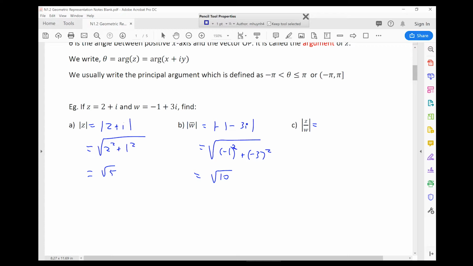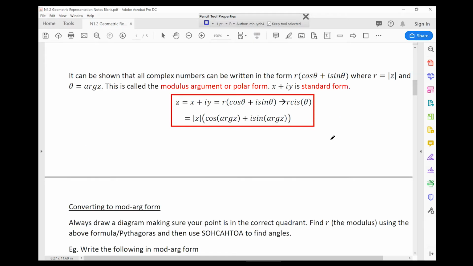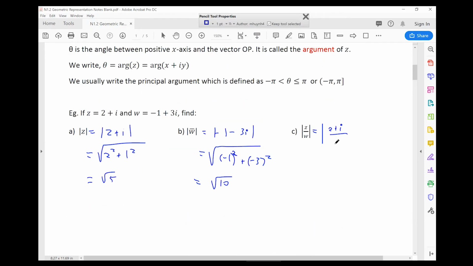If we have to find the modulus of this one, it's a bit more involved. First, let's write down what we know. When we have two complex numbers dividing each other, we have to multiply by the conjugate of the denominator so that we can simplify it.